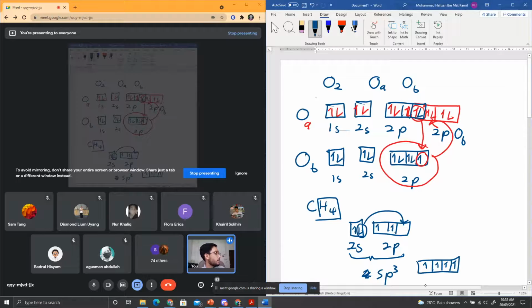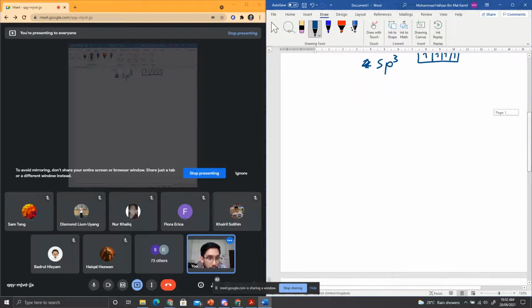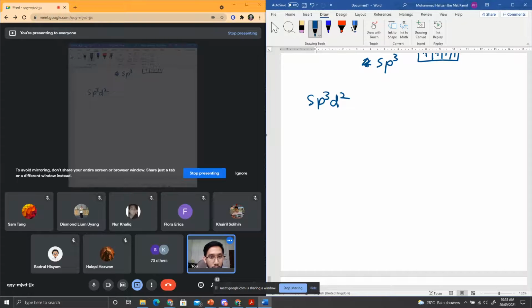So an example of d orbitals, how d orbitals work, we mostly see expanded octet. Okay, contohnya sp3d2, which is bentuk dia octahedral.